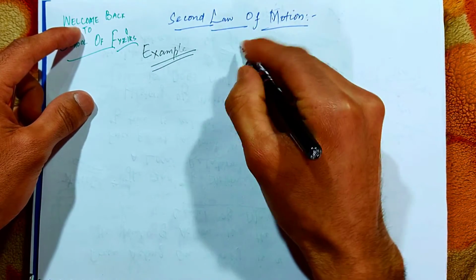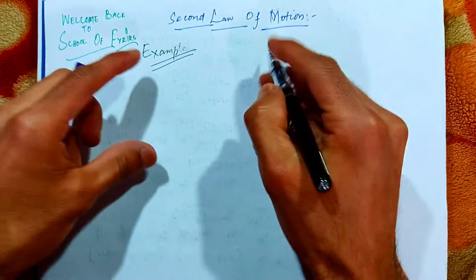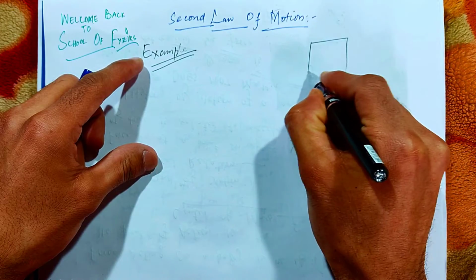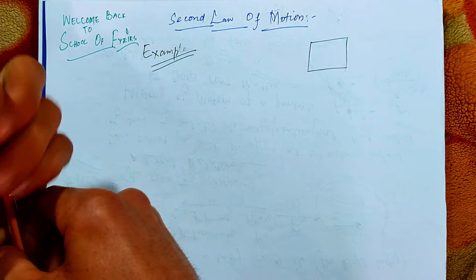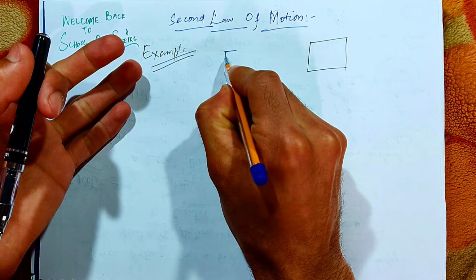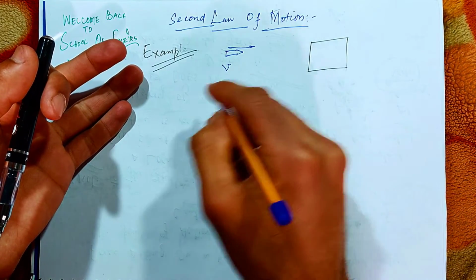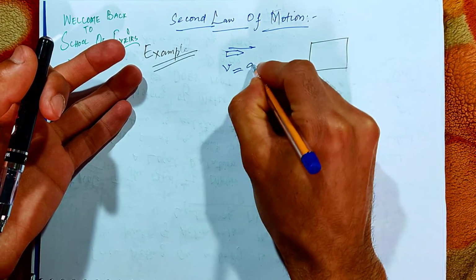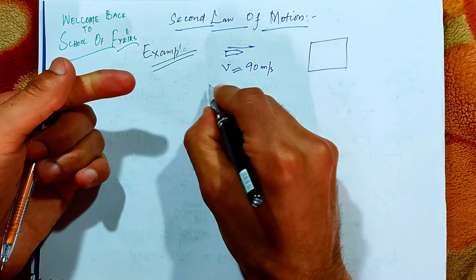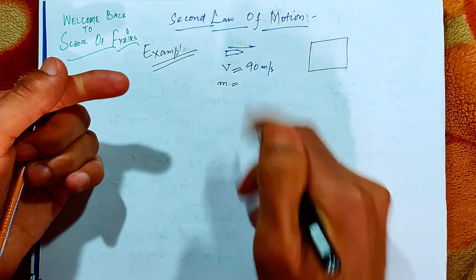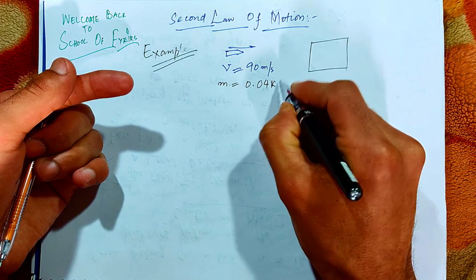So let's suppose that we have a bullet fired on a wooden block. Here is a wooden block, and this is the bullet fired onto it, and its velocity is 90 meters per second. The mass of the bullet is, suppose, 0.04 kg.